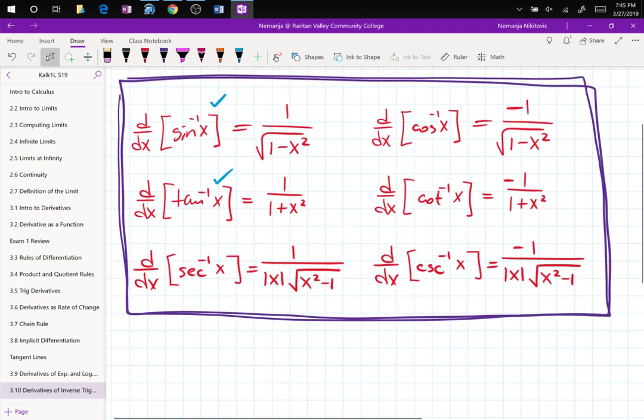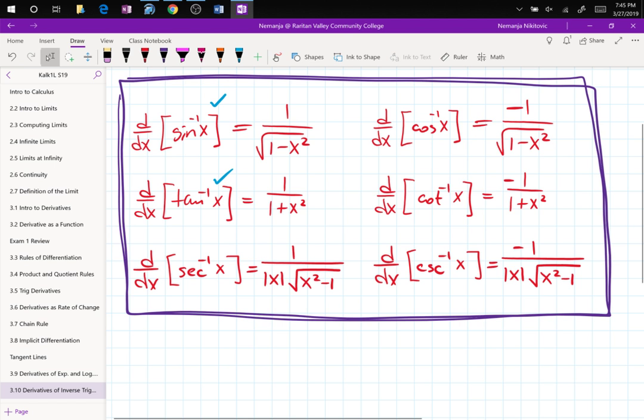So are you going to see sine inverse of x? In most cases, no. You're going to see sine inverse of x squared plus 3, sine inverse of e to the x squared, sine inverse of ln of 3x.